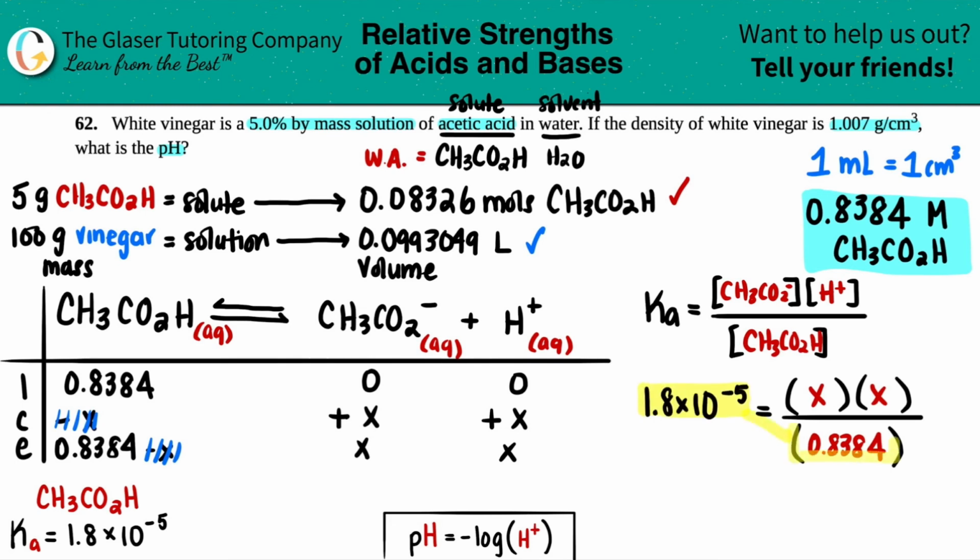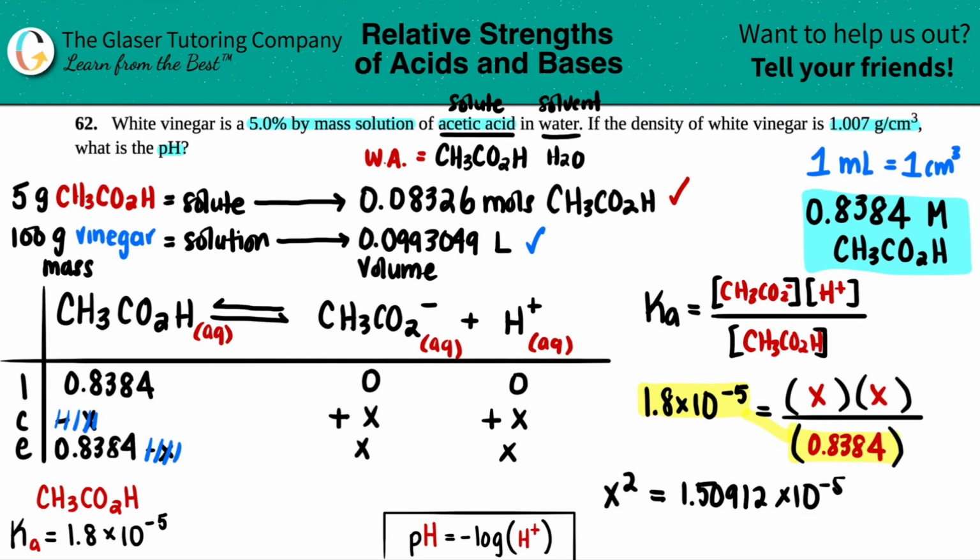So x times x is x squared, so we have x squared equals 1.8 times 10 to the negative fifth times 0.8384. And I get 1.50912 times 10 to the negative fifth.